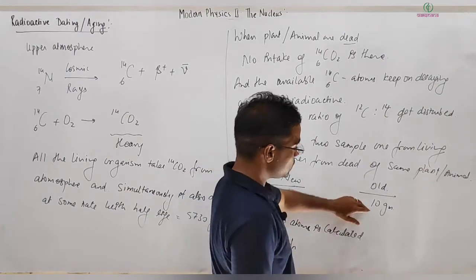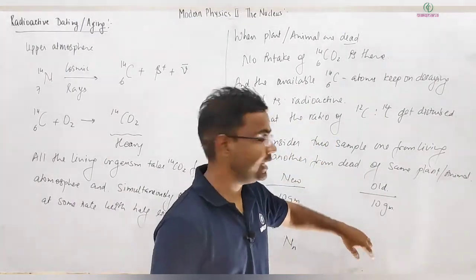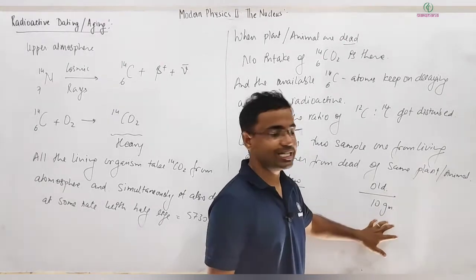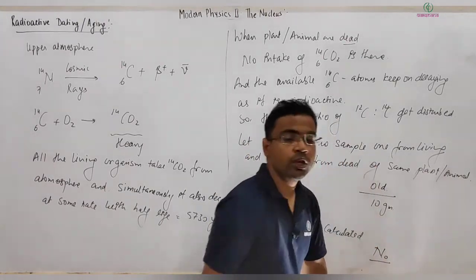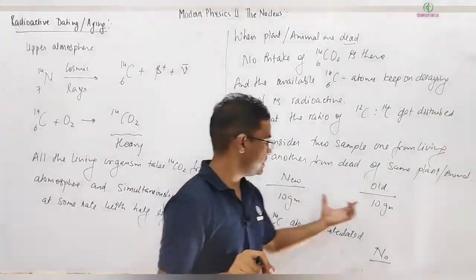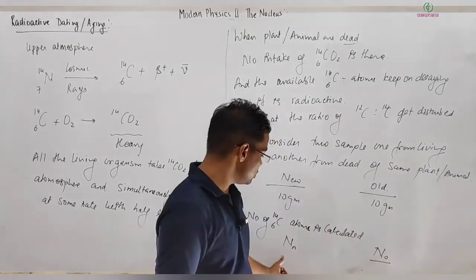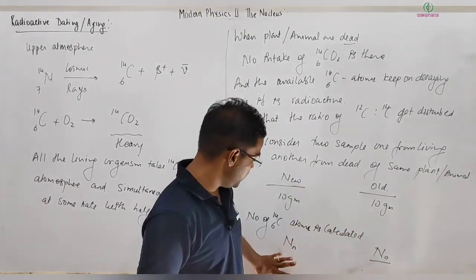And similarly for the old sample, the same 10 grams, I calculate the number of carbon 14 atoms present in it. Let's say this is N naught. So now what do you think, 10 gram sample, 10 gram sample, which one should be higher, right? Remember that. Here what is this?